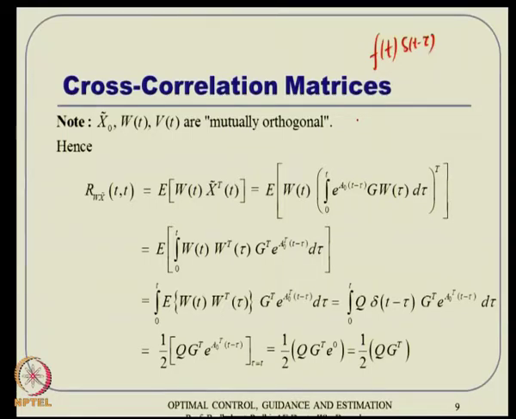Sorry, how do I do that actually? F of t, Dirac delta of t minus tau. Well, let me not do that way. Okay, fine. If you, well, let me not do that. This is just tau, d tau.